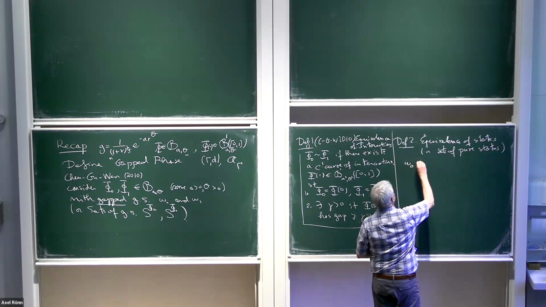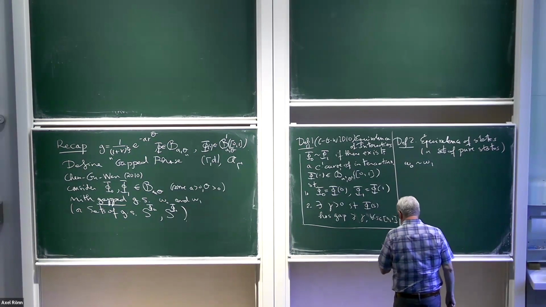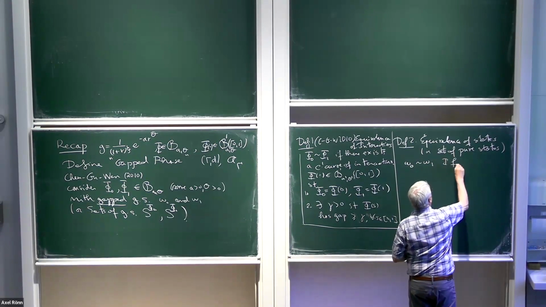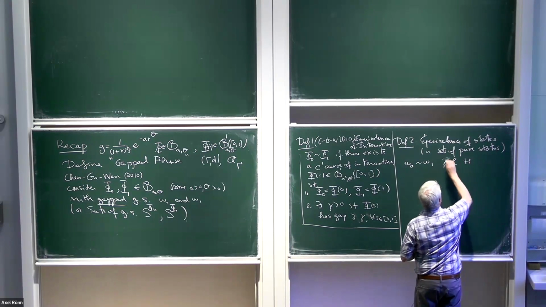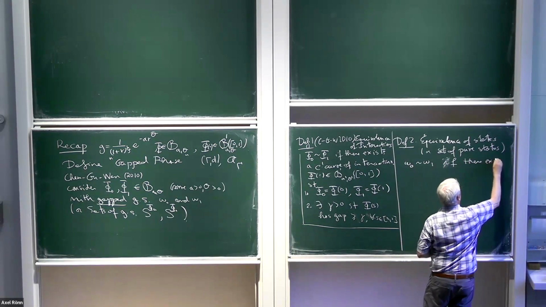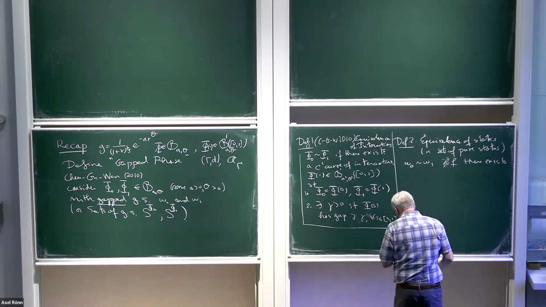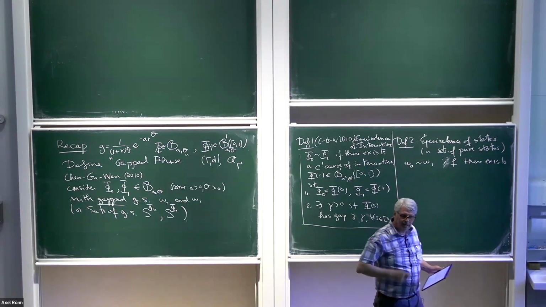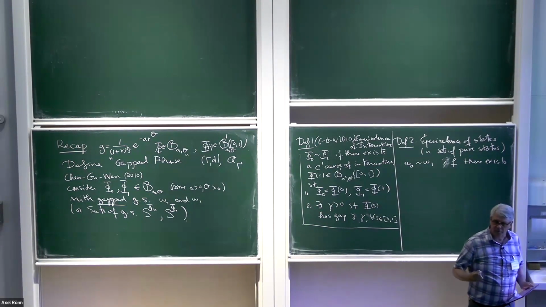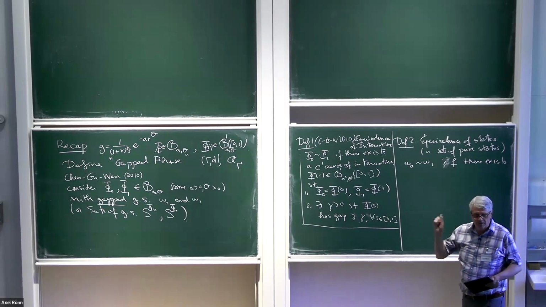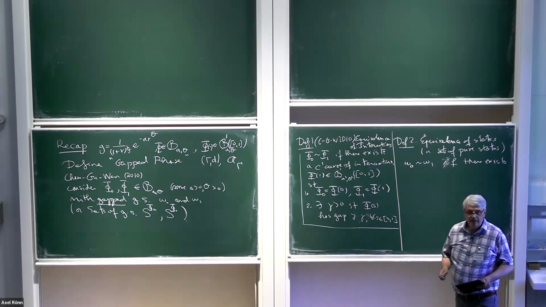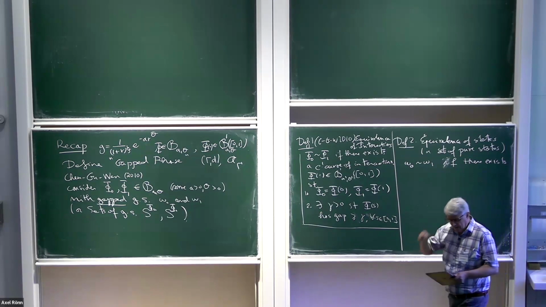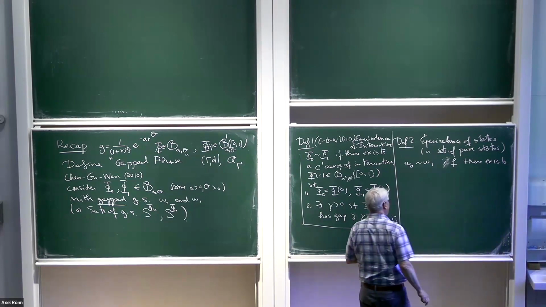Omega 0 is equivalent to omega 1 if there exists, I'm going to write it with an interaction, but it's just to specify a family of automorphisms that have nice properties, and I want these automorphisms to be generated by an interaction with sufficient decay. So it will preserve locality.